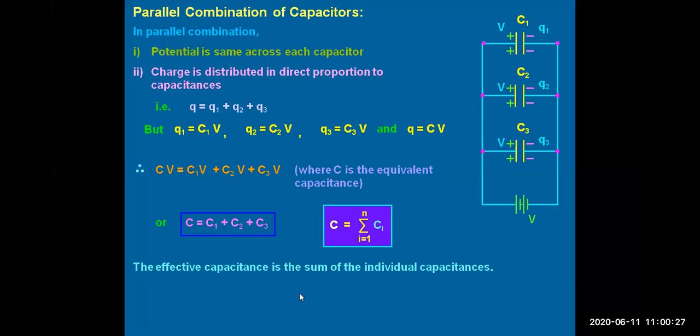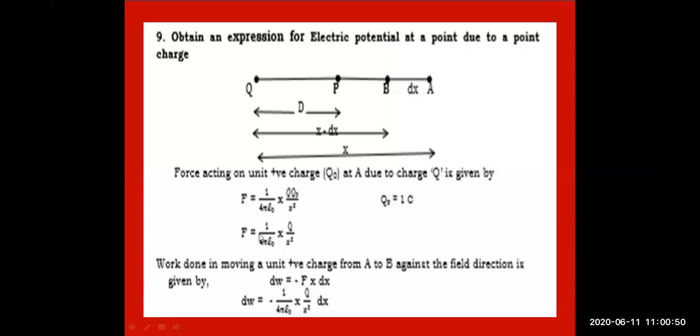The effective capacitance will be the sum of the individual capacitances C1, C2 and C3. The effective capacitance in parallel combination is larger than the largest of the individual capacitances because we are adding. In series combination, it will become lesser. In parallel combination, it will become more.